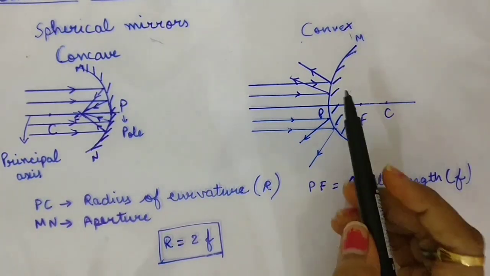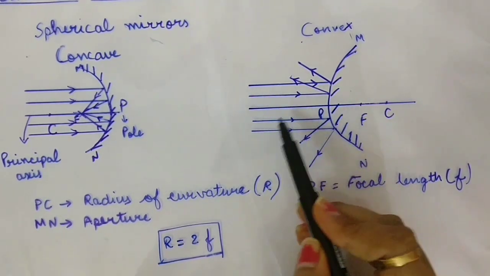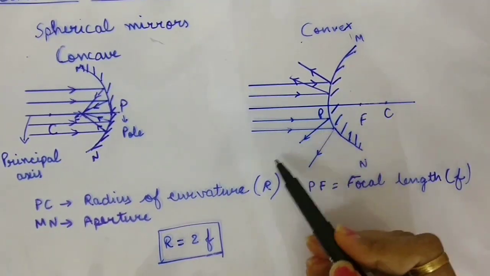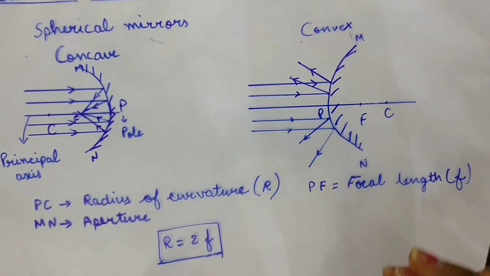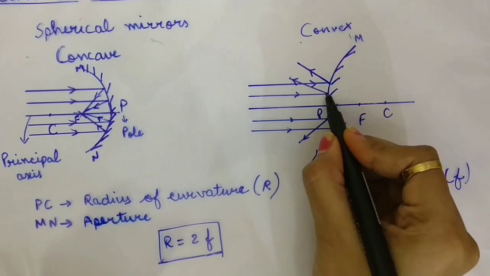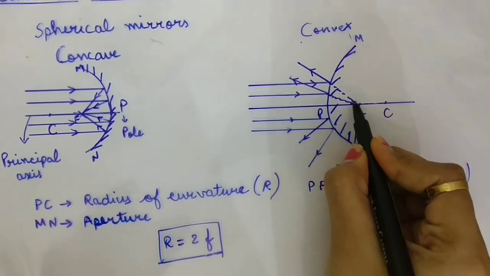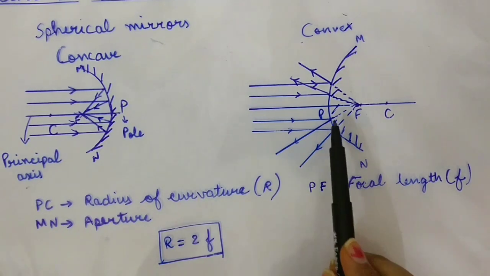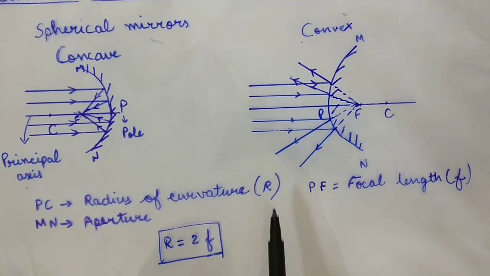But when we talk about convex mirror, then all the light rays which are coming parallel to the principal axis, they will diverge, they will go in other direction, and all these light rays, they appear to come from a point which is called again principal focus. So again the length PF is depicted by small letter f, focal length.